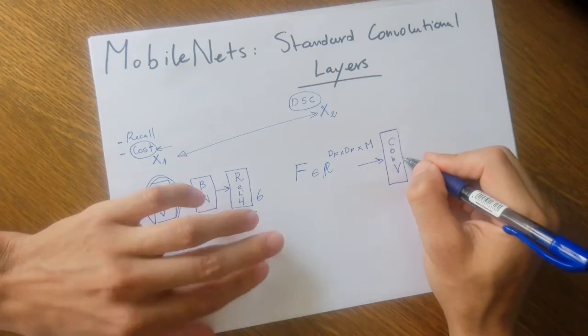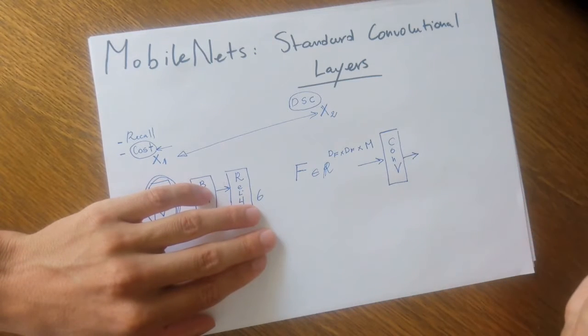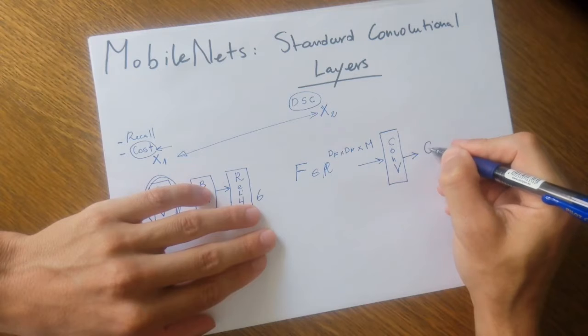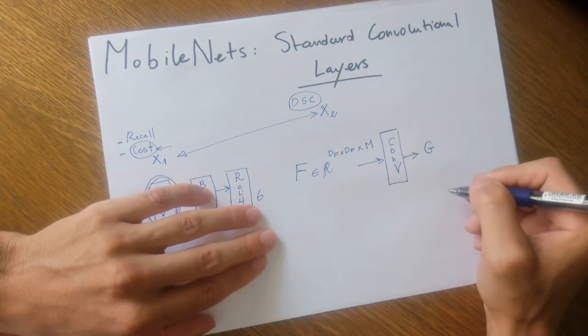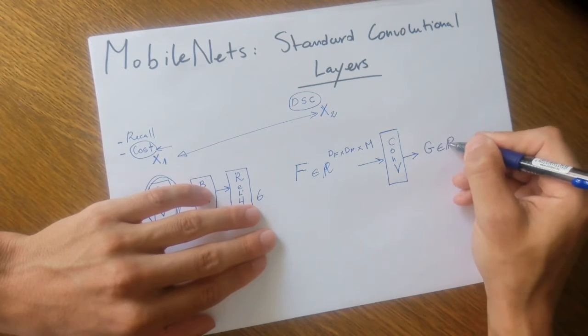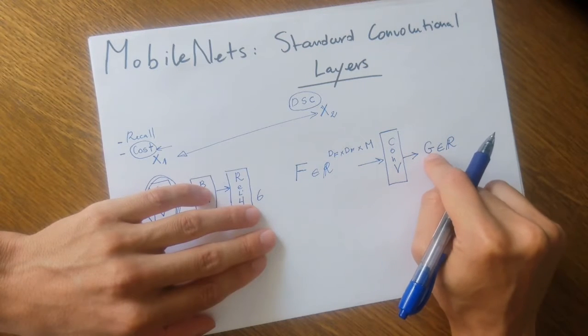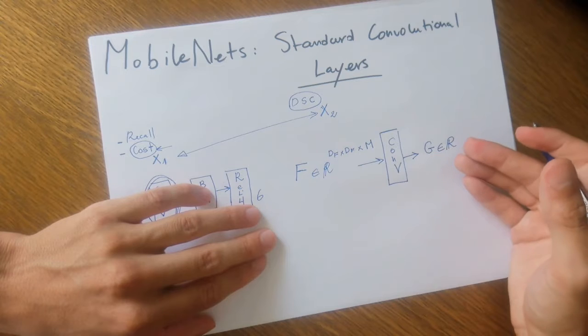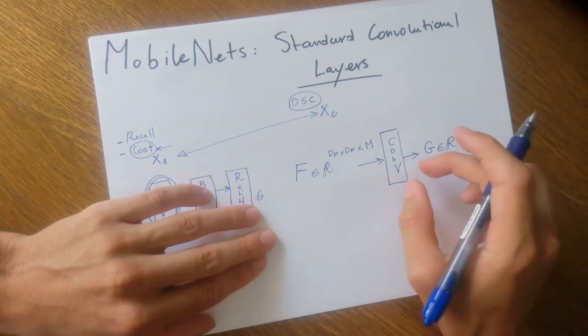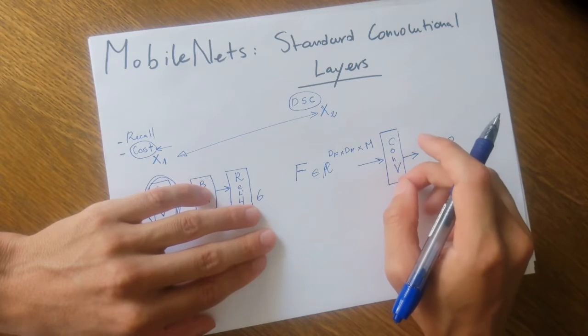And we get at the output of this step something called j. This is the notation of the output. Before telling you the dimensions of this output, it is important to specify some hyperparameters of the convolutional operations.